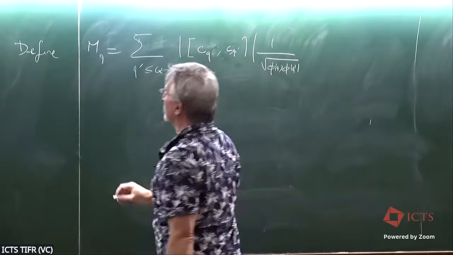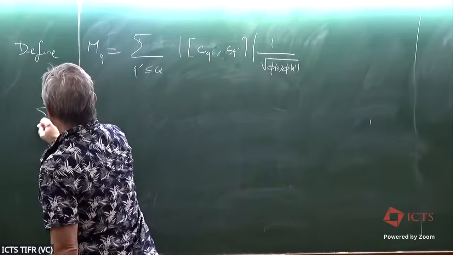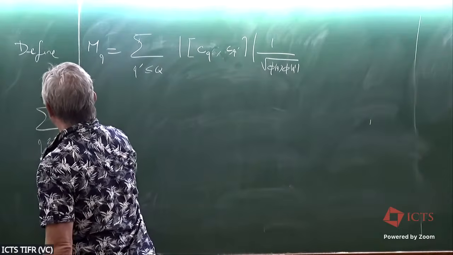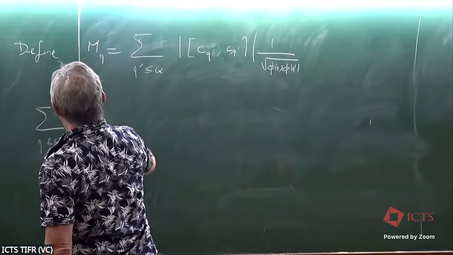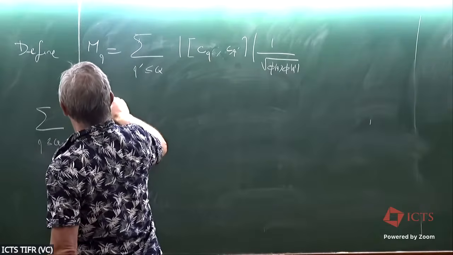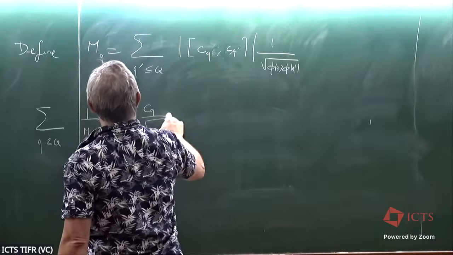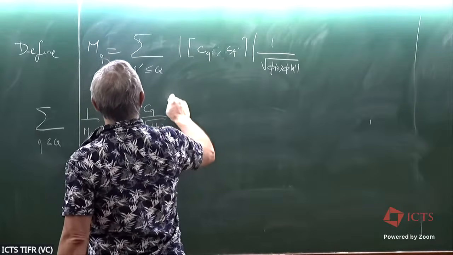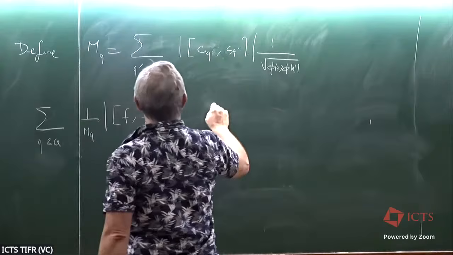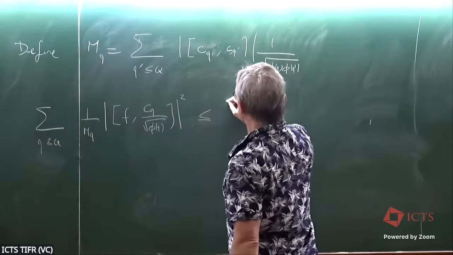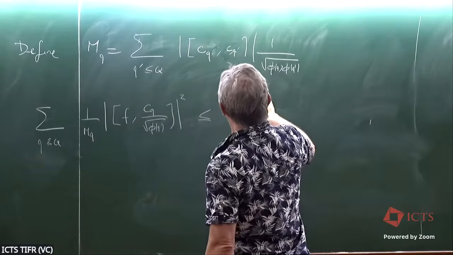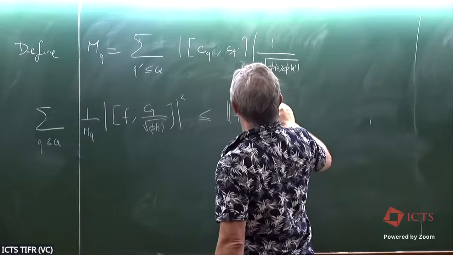We have the sum for Q less than capital Q of 1 upon MQ, times the scalar product of F with CQ upon square root of phi of Q, squared, less than the L2 norm of F, which is the number of points.